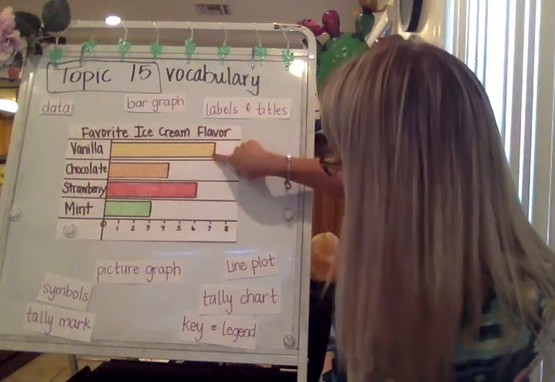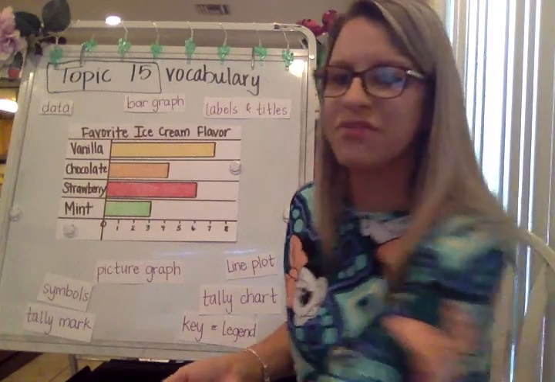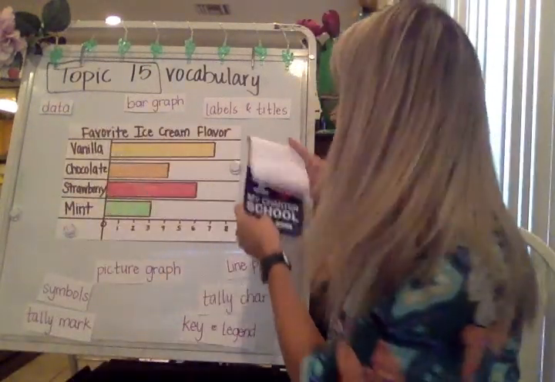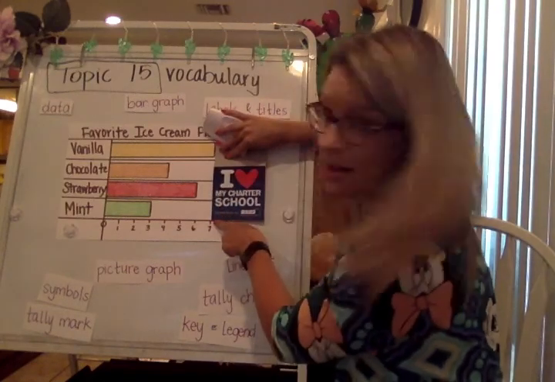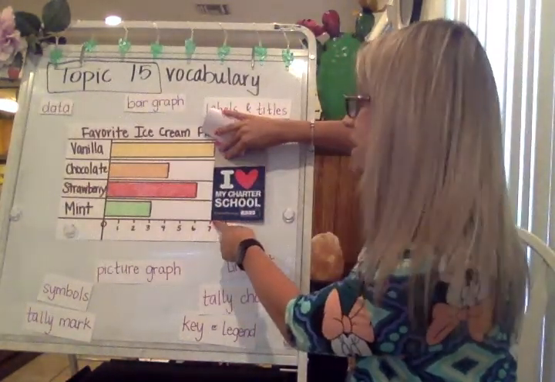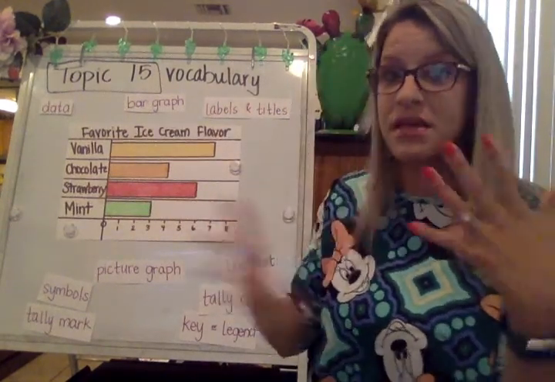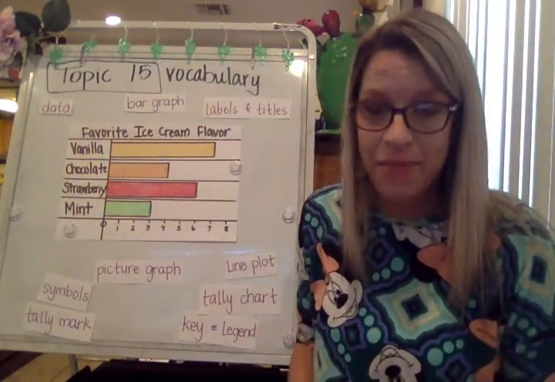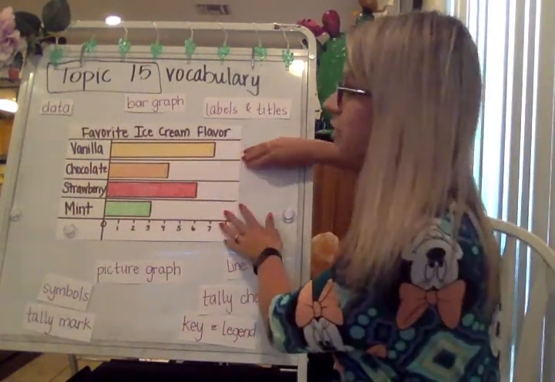Vanilla has a total, if I follow it down, of 7. Sometimes it might help you to find some kind of flat edge to follow it down, because it's important to make sure you have accurate data and that you're looking at that information and reading it correctly.